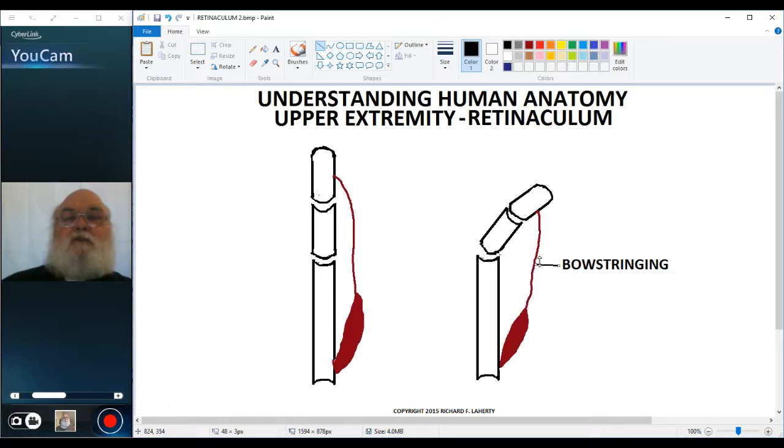And it also lessens the efficiency of this muscle. This muscle is trying to flex this distal joint, not both joints. And so when it pulls, you don't get a full flexion and you lose efficiency.